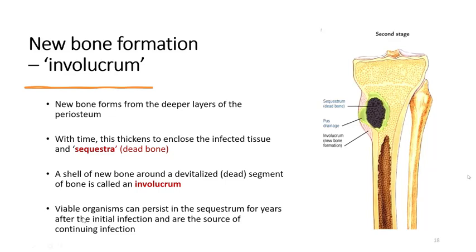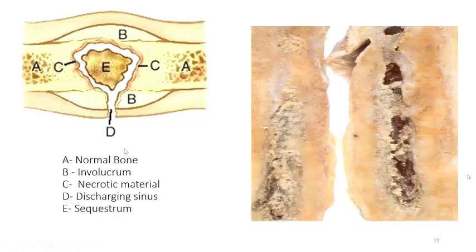So the organisms can persist maybe for years after the initial infection within this necrotic core, because it is surrounded by a shell of new bone. This is a picture of acute osteomyelitis with the diagram to explain what is called involucrum and what is called sequestrum.